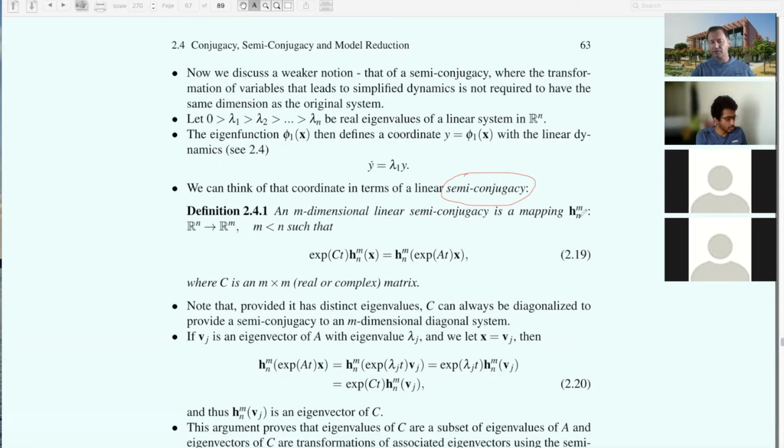N stands for the origin space, M for the destination space. You go from R^n to R^m, where m is strictly less than n, such that the same relationship as the conjugacy that we talked about before holds, but now this C is not an n by n matrix, but an m by m matrix, right?